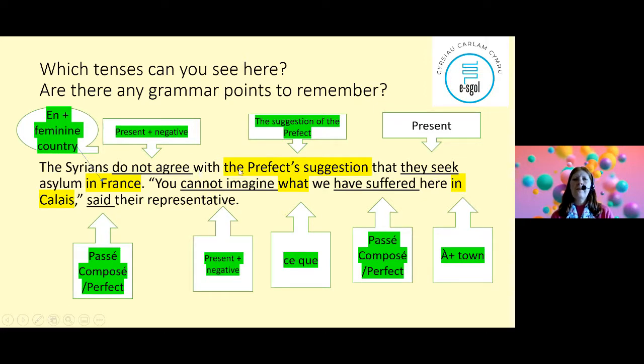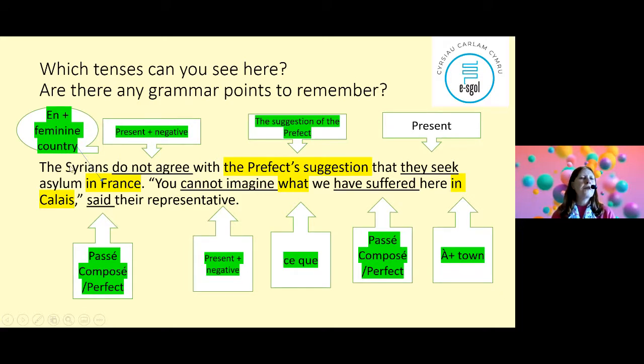Moving along through the sentence, I've underlined "the prefect's suggestion". Now we need to remember in French that apostrophe S doesn't exist and that you need to turn this around and it would be translated as "the suggestion of the prefect". Moving along, "they seek", present tense.